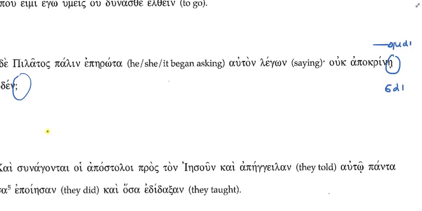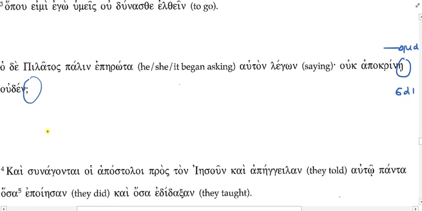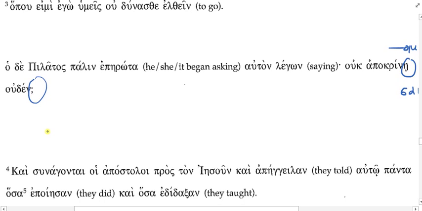Yes, you could, if you're wanting to specify that the direction of that answering is "me," you could put that in parentheses. And then what is being answered, that is the content, is what the uden is, right? The nothing.